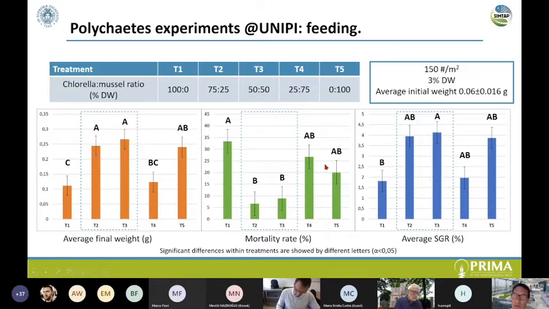So this is really important because we showed that cultivating chlorella is a good biomass source for polychaetes. In this case, it is the diversicolor.